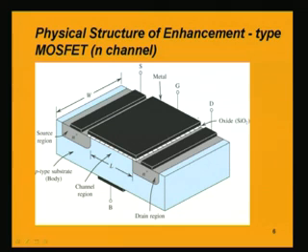Now, there are other metallic contacts over these two n-type semiconductors. These two n-type semiconductors are known as the source and the drain.